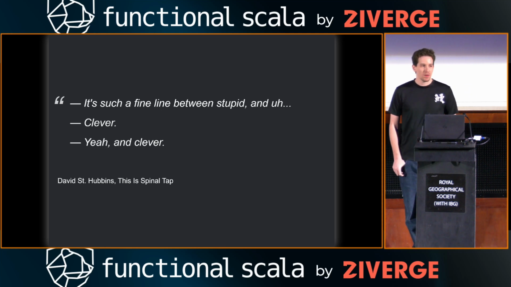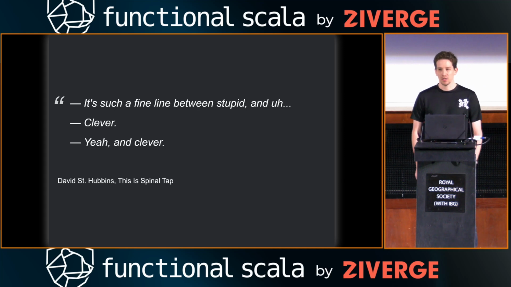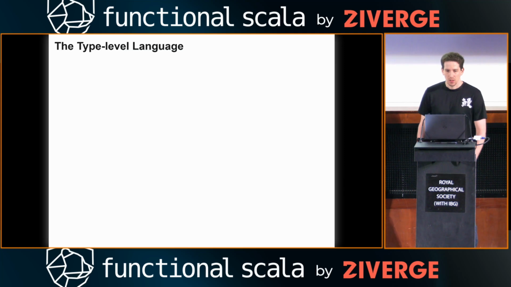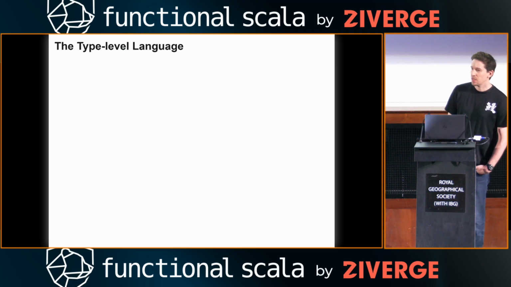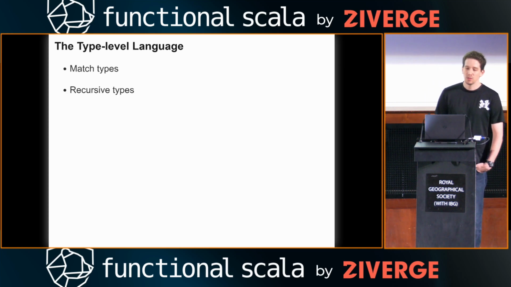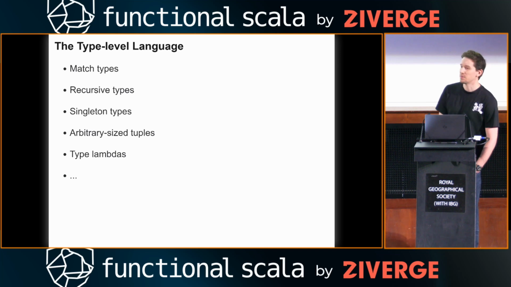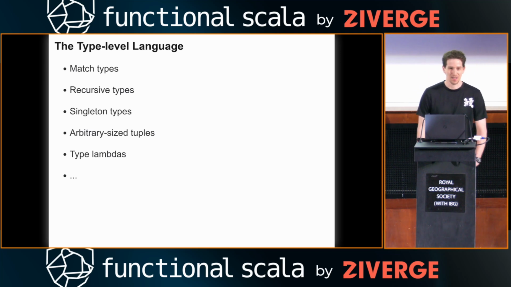So this is going to be a very quick review of the capabilities of Scala 3 at the type level. There are many type level features in the Scala language, and you can go on and on, and there are very many of them. The list is kind of endless.